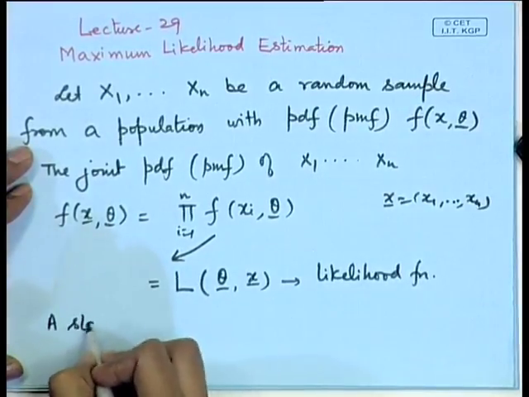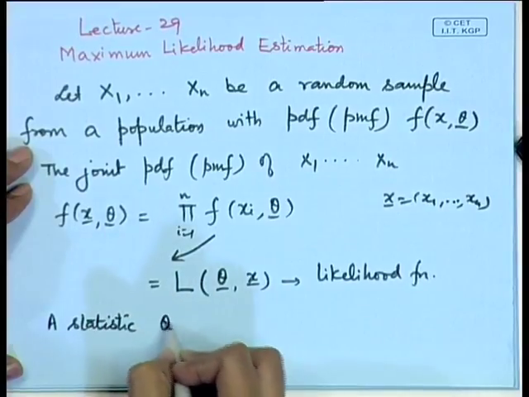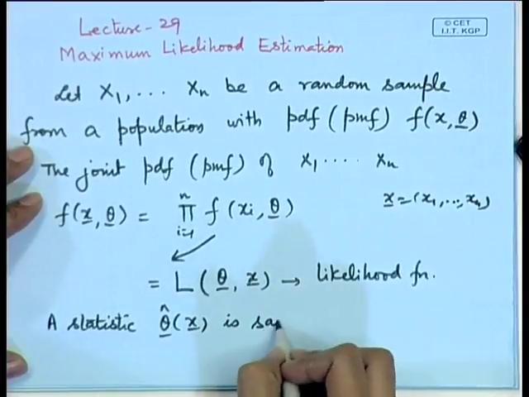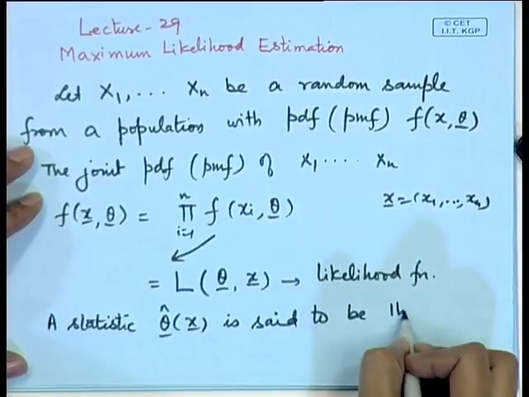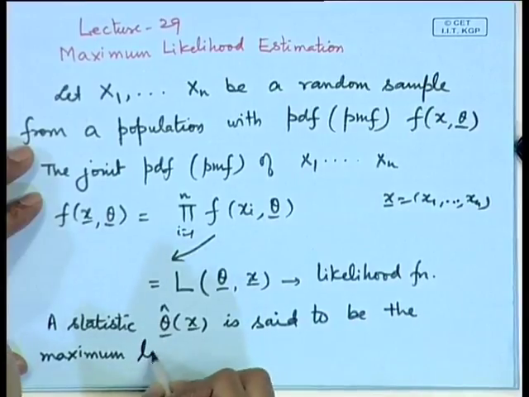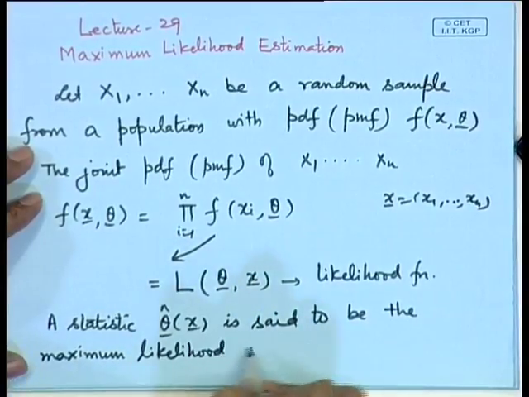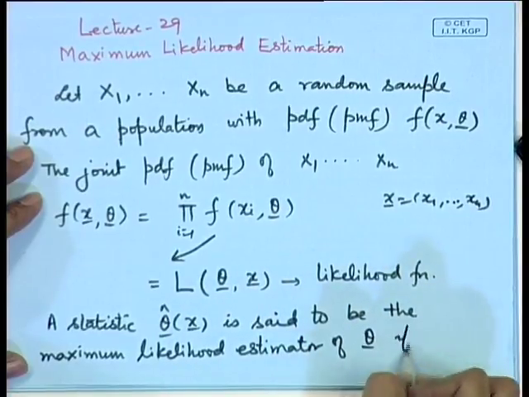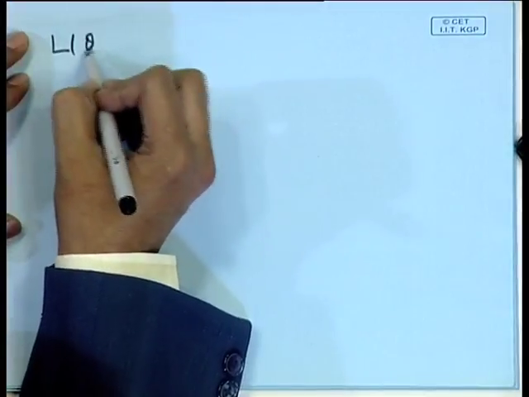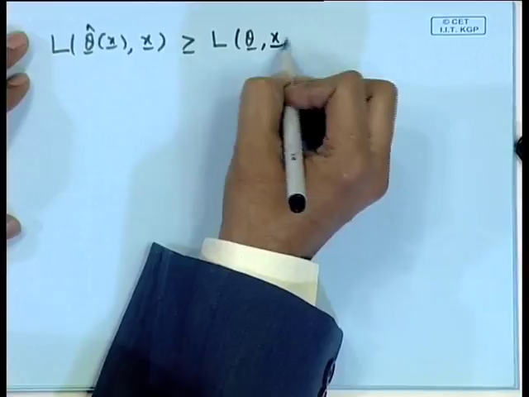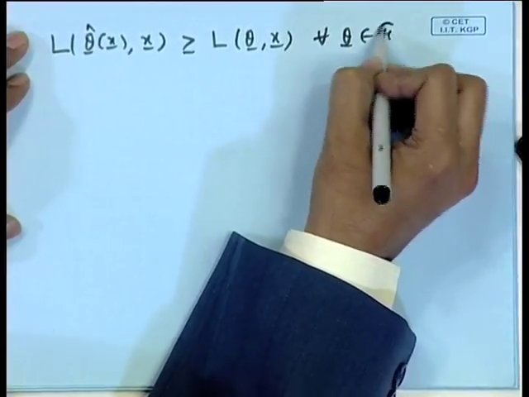So, what we consider: a statistic theta hat(x) is said to be the maximum likelihood estimator of theta if L(theta hat; x) is greater than or equal to L(theta; x) for all theta belonging to the parameter space.